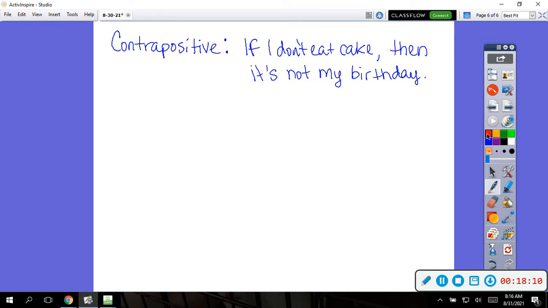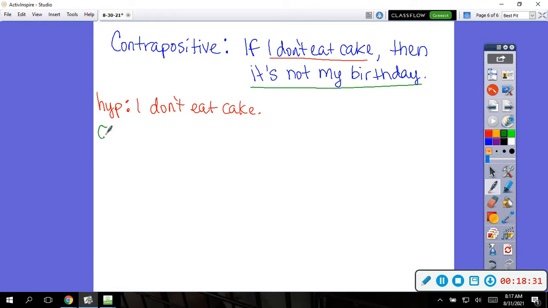So, thinking about this sentence, first of all, what's my hypothesis? If I don't eat cake. Yeah, I don't eat cake. Okay, what's the conclusion? It's not my birthday. That's the conclusion.